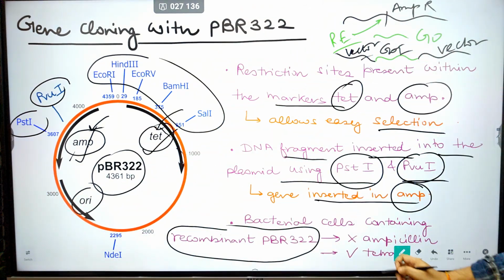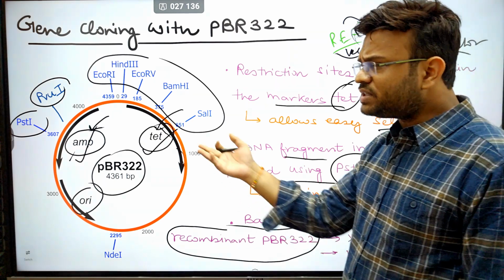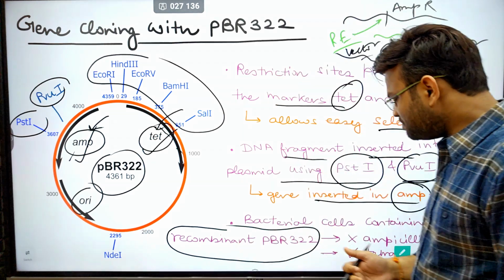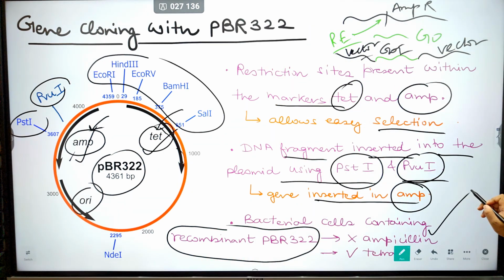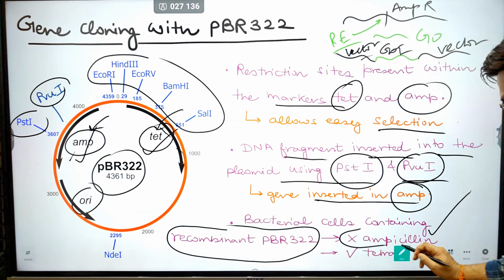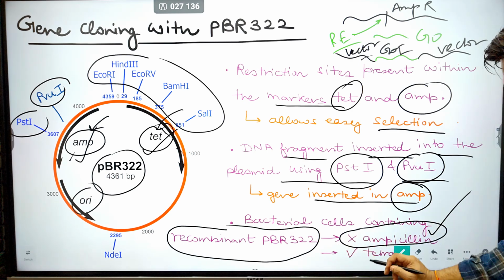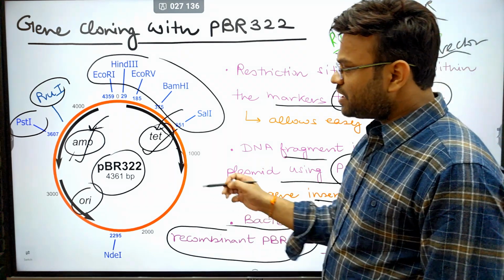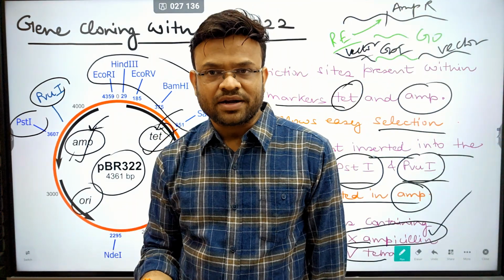Now if you allow a cell having this vector to grow in ampicillin, it will definitely be killed. That means in the presence of ampicillin, it will be dead, and in the presence of tetracycline, it will be alive. Why? Because the tetracycline gene is still intact.